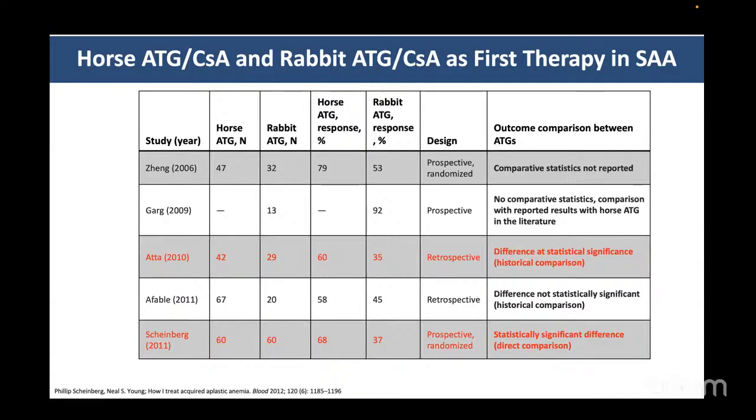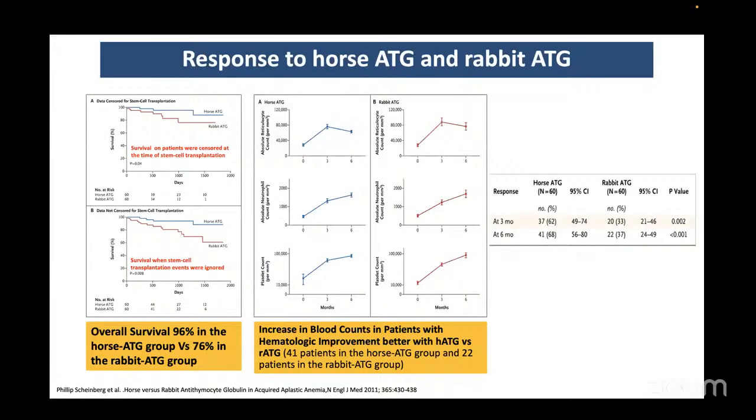Except for two studies, others were prospective studies, and we can see that there is a significant difference proving the role of horse ATG unmatched in the treatment of severe aplastic anemia. Overall survival is 96% in the horse ATG group and 76% in the rabbit ATG group, and there is subsequent hematologic recovery in patients who are treated with horse ATG.